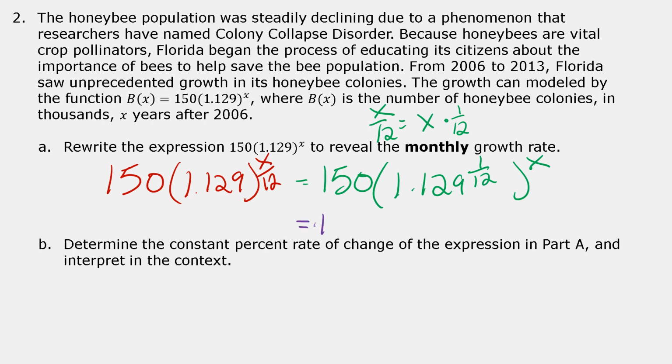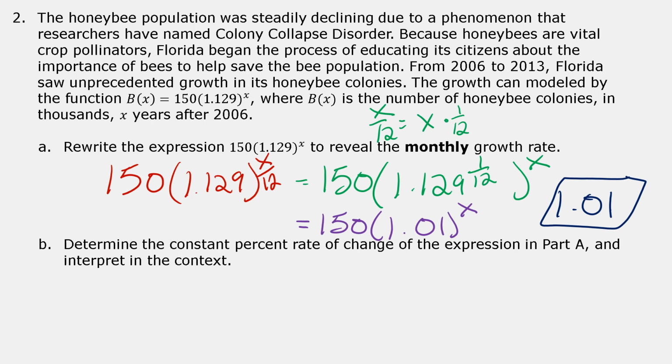Someone tell me what they get. Round to the nearest thousandth place. Grayson. 1.01. Okay, so if there's another 0 on the end with the decimal, we technically don't need it, so we're just going to write 1.01. But that is right. So our monthly growth rate is the 1.01.